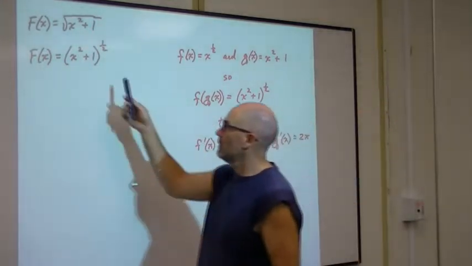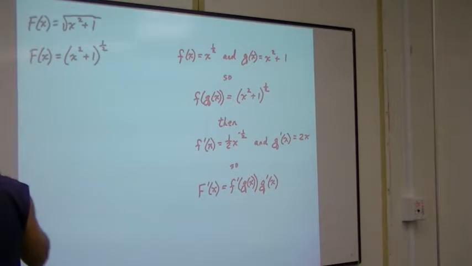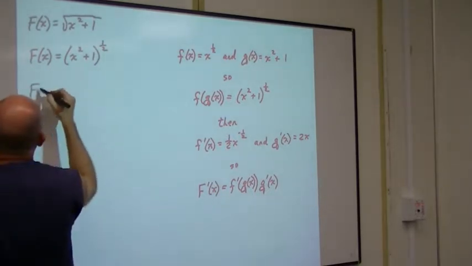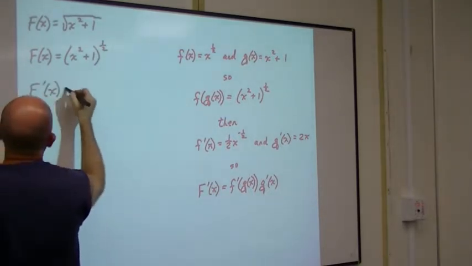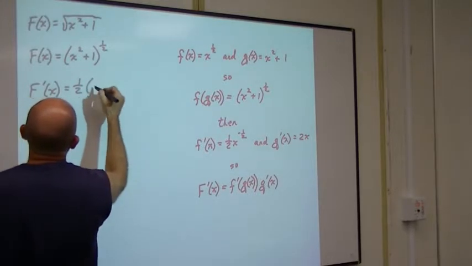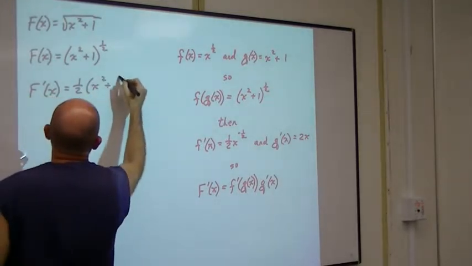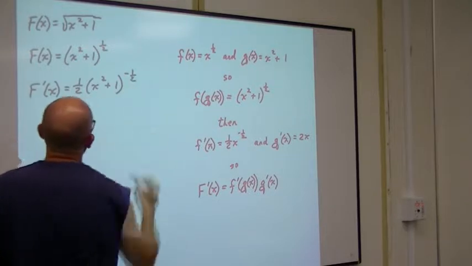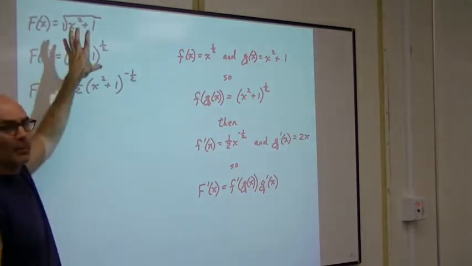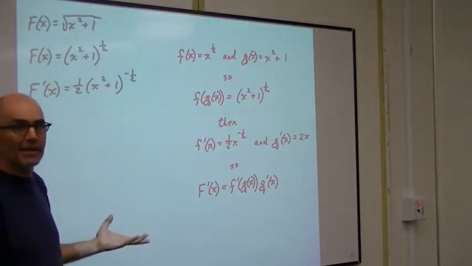So let's do this on our function then. So f prime of x is going to equal 1/2 times x squared plus 1 to the negative 1/2. So all we did was we treated the parentheses as if it's just x.